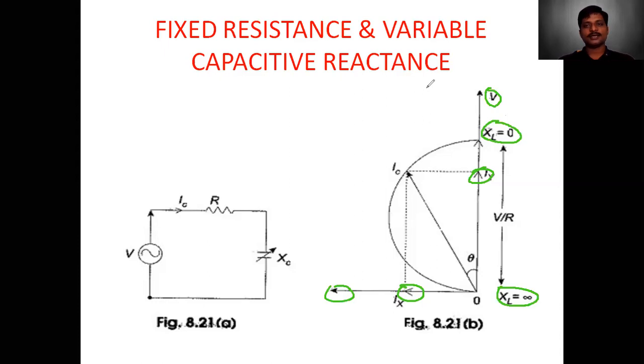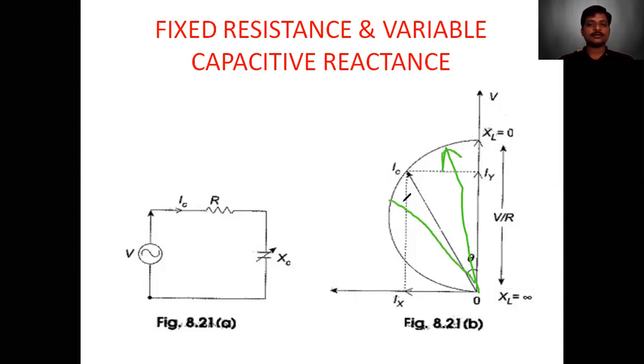Okay, so in between these two extreme points, if we change the value of capacitive reactance, we can trace each arrowhead for each value like this. If you trace all the head tips, it forms a semicircle, as I told you in the RL series circuit.